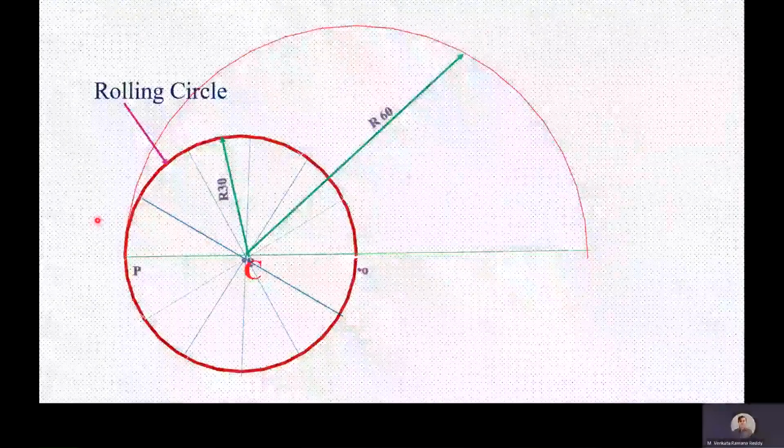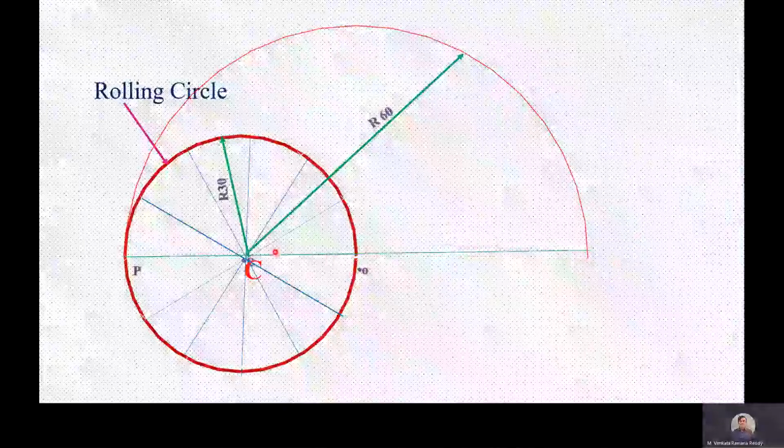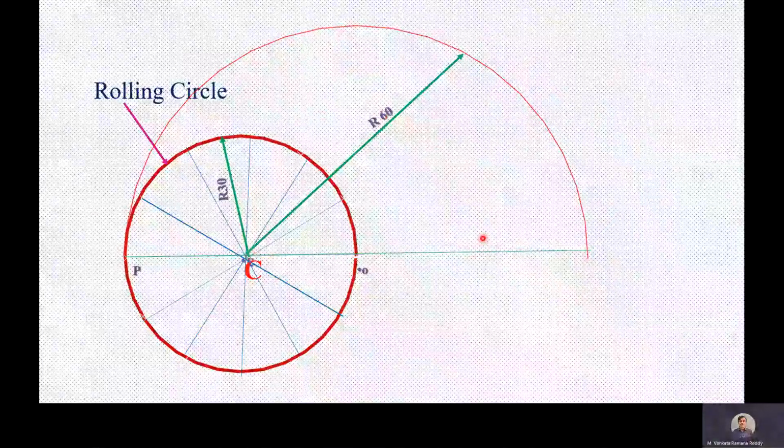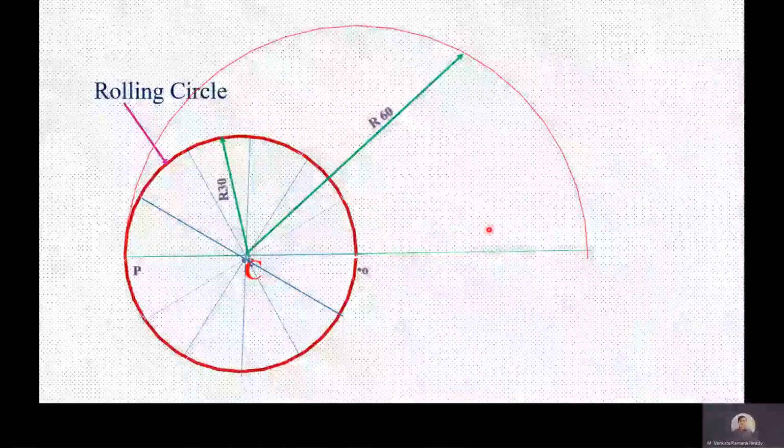Then divide this directing arc, that is 180 degrees, also into 12 equal divisions. Then with O as center and OC as radius, draw the locus of path arc. The locus of path arc is also to be divided into 12 equal divisions.